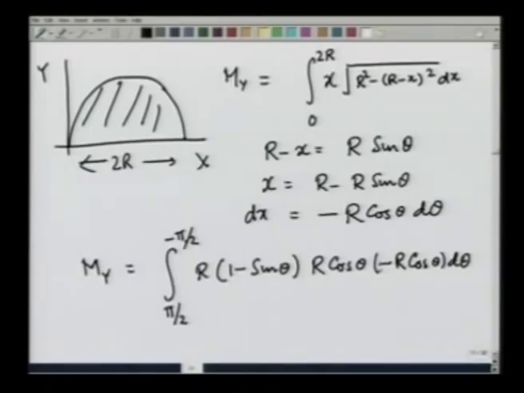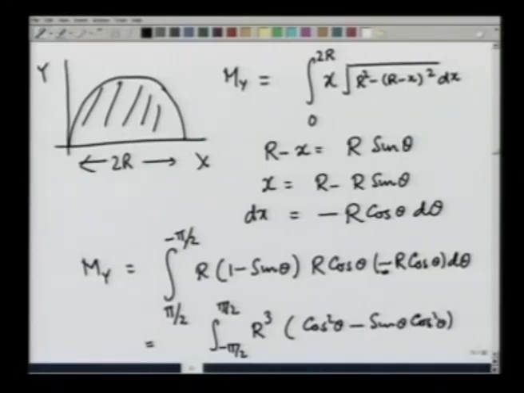Because of this minus sign here, I can write this as minus pi by 2 to pi by 2 r cubed cosine square theta minus sine theta cosine square theta d theta. This is a simple integration which we can perform.